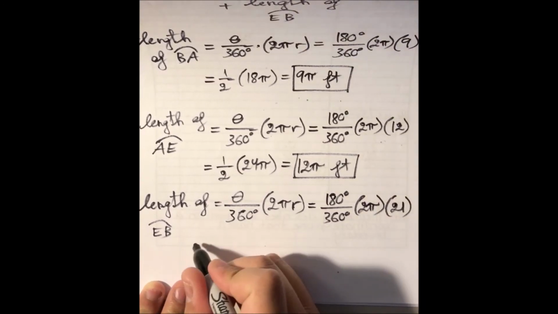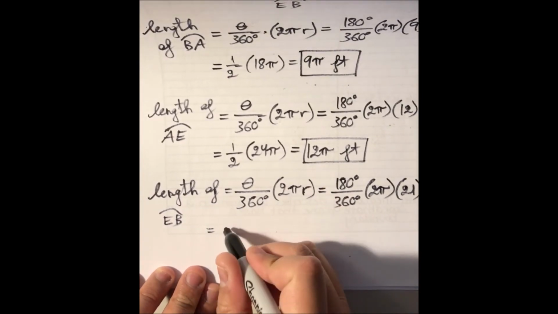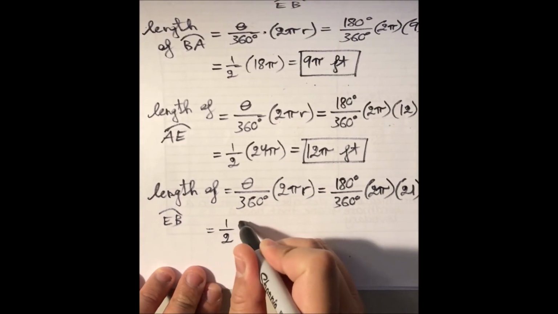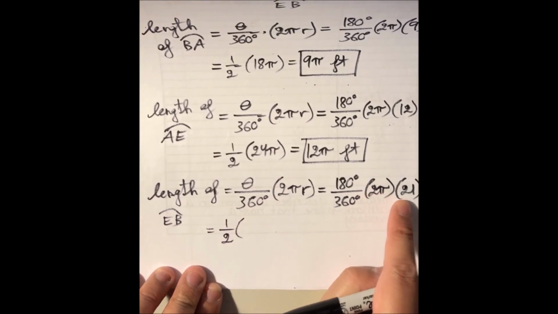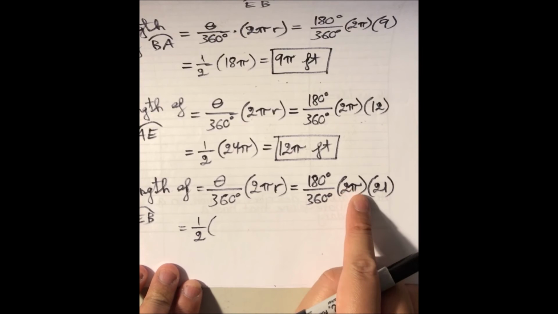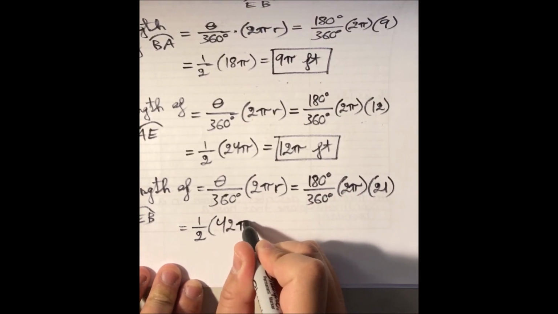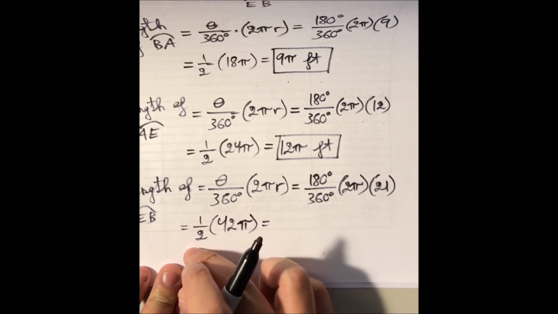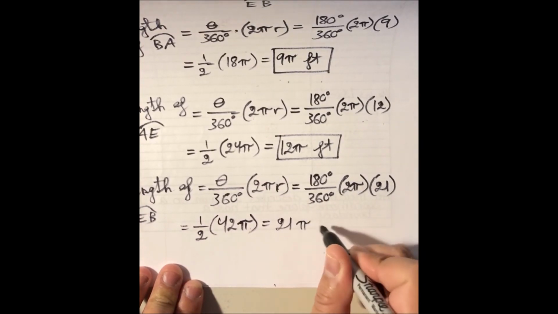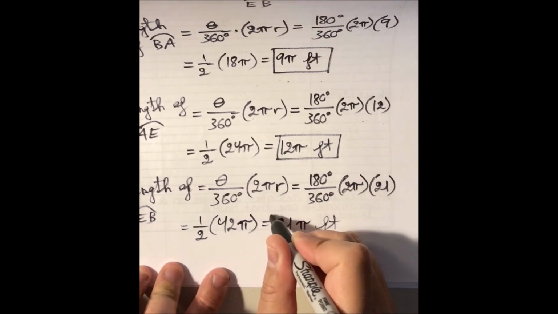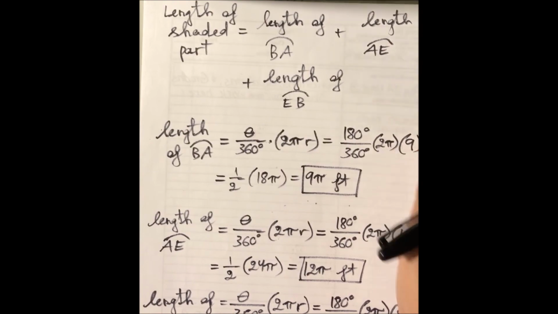Same as usual, 180 over 360 simplifies down to 1/2 multiplied by 2 pi times 21, but 2 pi times 21 is 42 pi. 42 pi times 1/2 is going to give us 21 pi. 21 pi feet is the length of the minor arc from E to B.